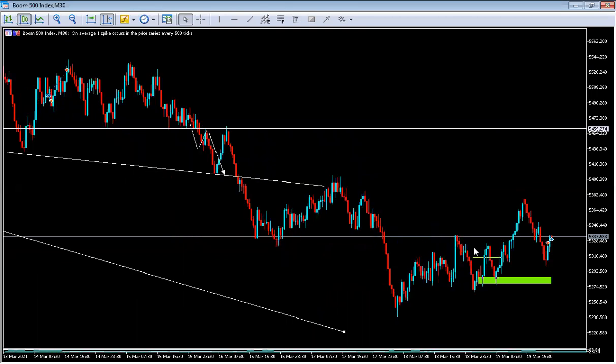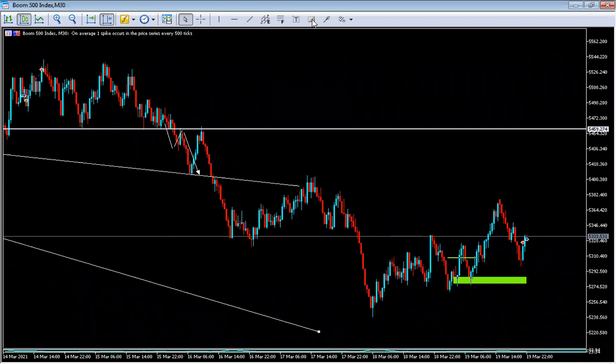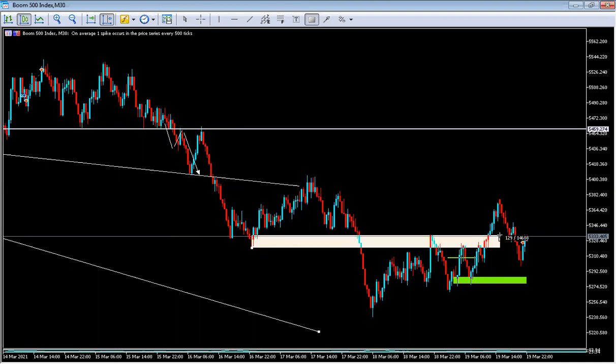Now in a 30 minutes time frame, you want to bring out your rectangle, take it from the end of the week down to the top and bring it out this way. From the end of the week, you take it up. Now you get to see that this rectangle has helped you cover this week.